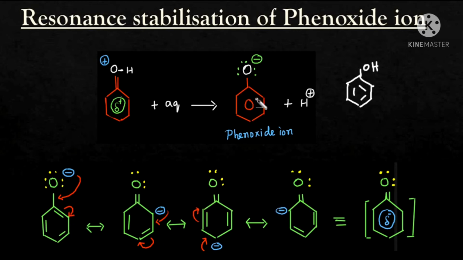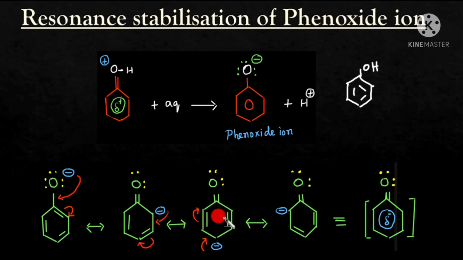Just like phenol, this phenoxide ion will also undergo resonance. There will be shifting of electrons. Understood, students? The negative charge gets shifted to this bond, and to compensate, again the electrons shift to this. Again there will be delocalization of electrons, just like in phenol. Since the electrons are shifted to this place, here we have a negative charge, and again to compensate, this negative charge shifts here.